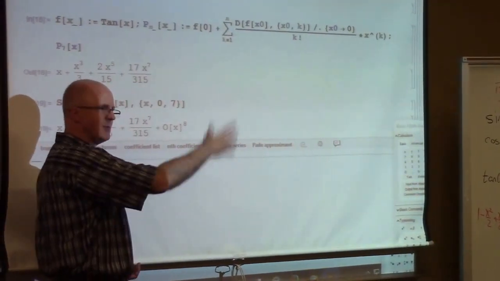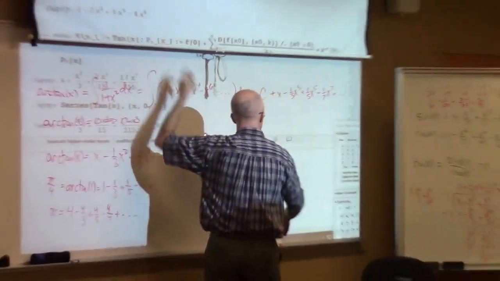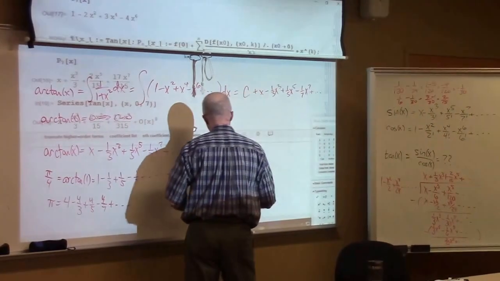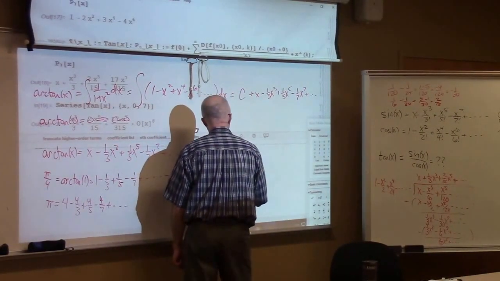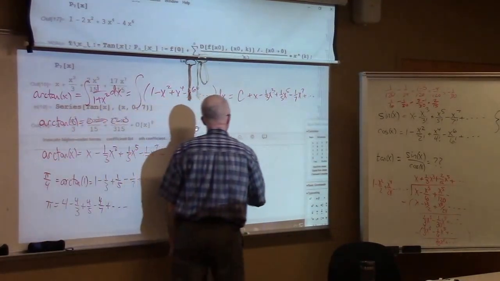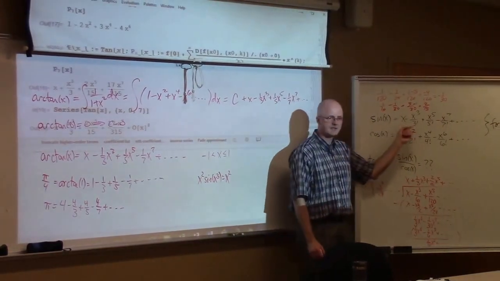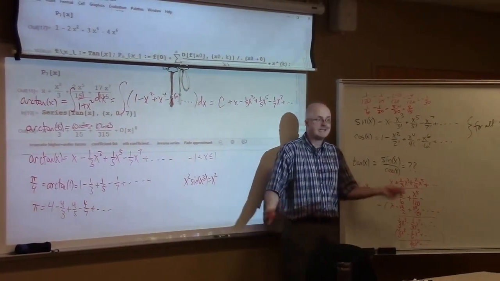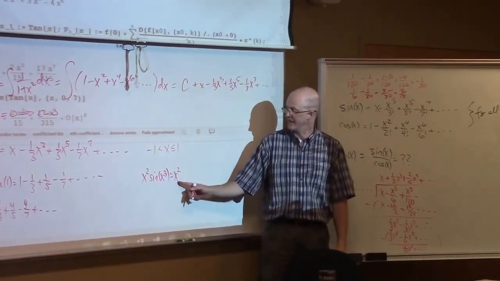You can do more. You can use, for example, the series for sine of x to find the series for x squared sine of x cubed. How? For the series for sine of x, which is true for all x, replace the x's with x cubed. Then multiply the answer by x squared.